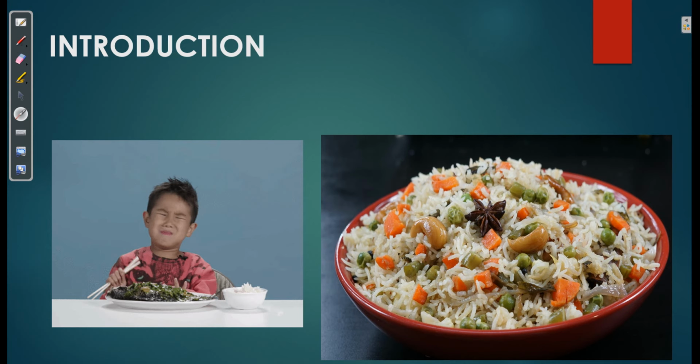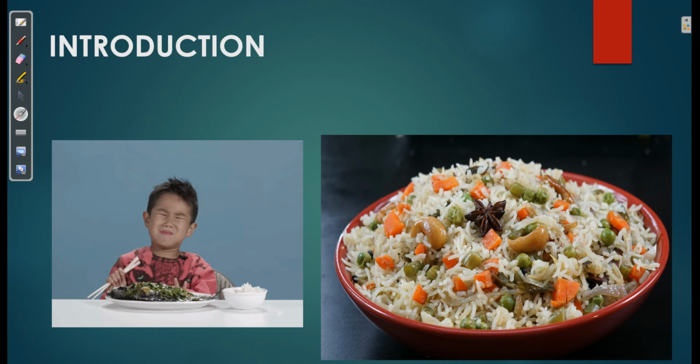Imagine this boy does not like to eat peas. So what will he do? He will pick up the peas from this vegetable pulao and keep them aside. So what exactly is this boy doing? He is separating the peas from his pulao and keeping them aside. Now the question comes: why do we need to separate things?